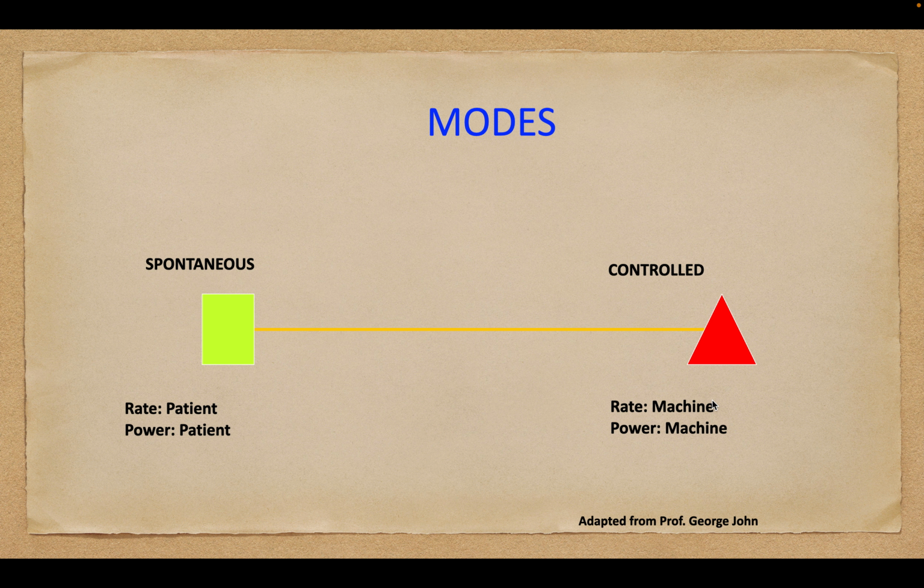So henceforth, if you see a red triangle, it is a controlled mode, and if you see a fluorescent rectangle, it is a spontaneous mode. And if you see a purple circle here, it is nothing but an assist mode. It is in between these two, where the rate is determined by the patient, whereas power is determined by the machine. These are simple things you can remember.